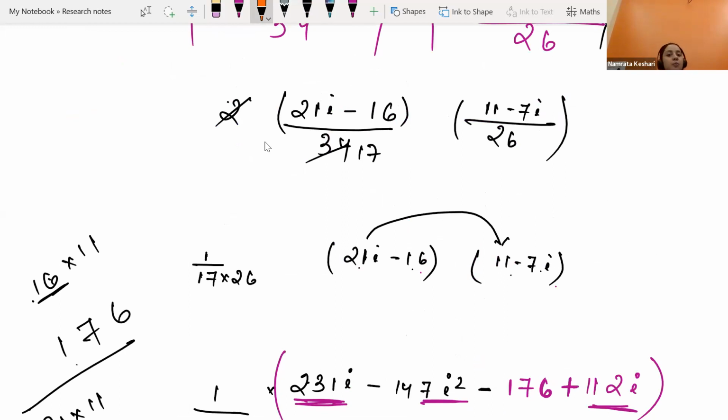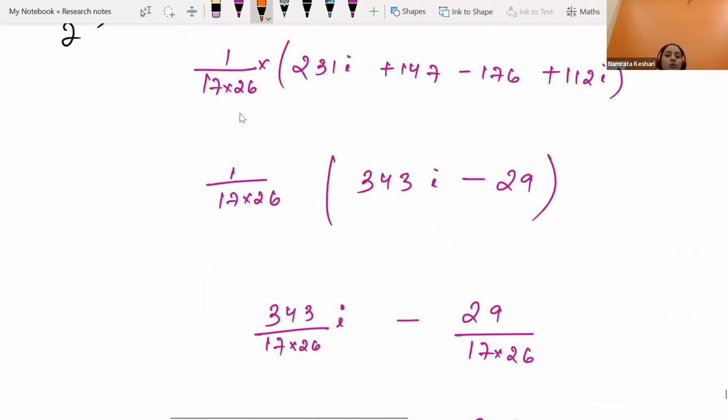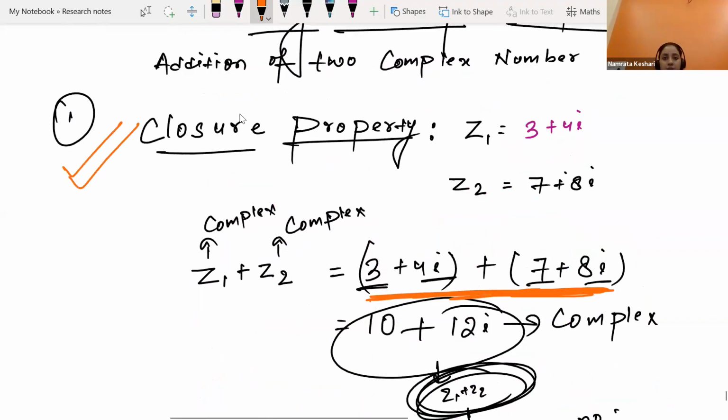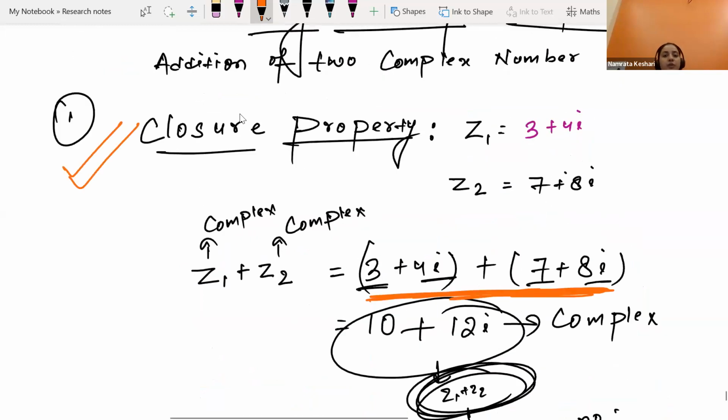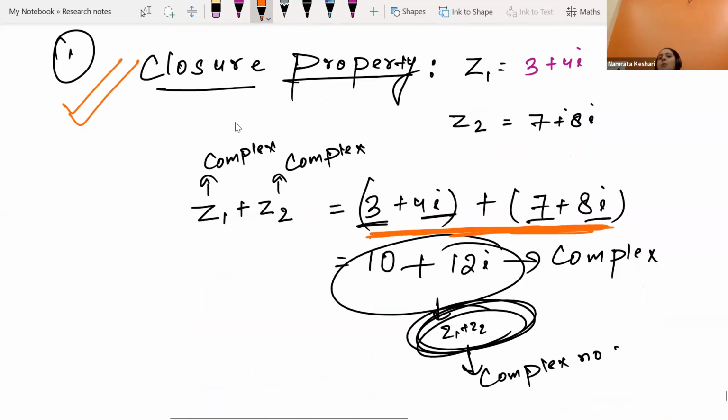First I showed you the practical, and then I'm showing you the theory. From this theory only we do everything in practical, adding or subtracting the real parts, adding or subtracting the imaginary parts. So yes, complex number plus complex number will make a complex number.